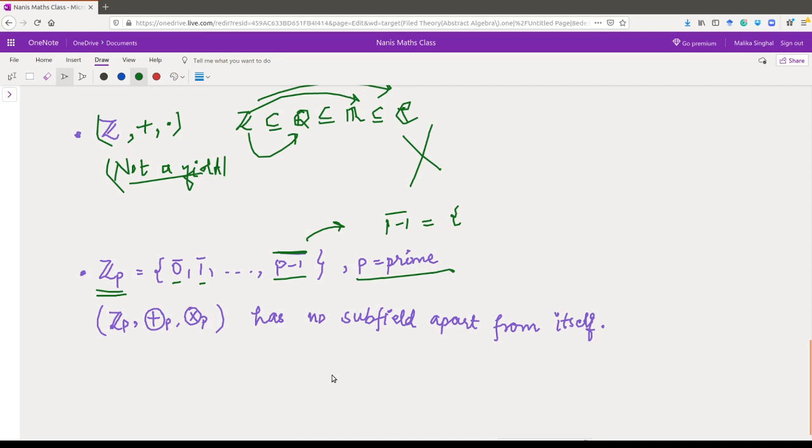This set, together with the operations of addition modulo P and multiplication modulo P, has no subfield apart from itself. This is a very interesting thing to see, and we will see in the upcoming videos why this is so.